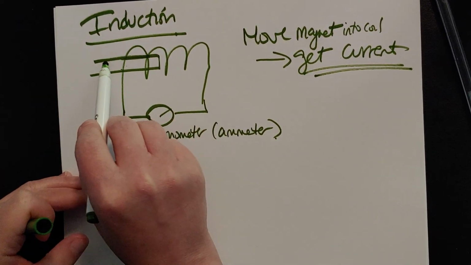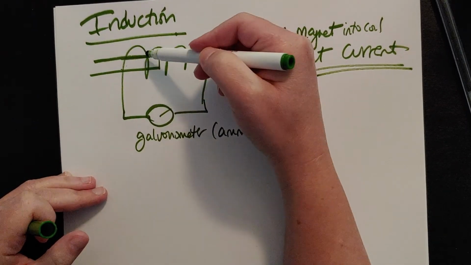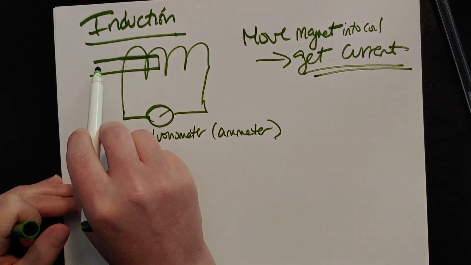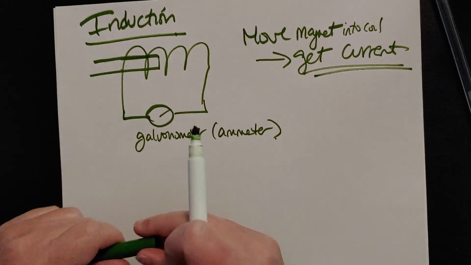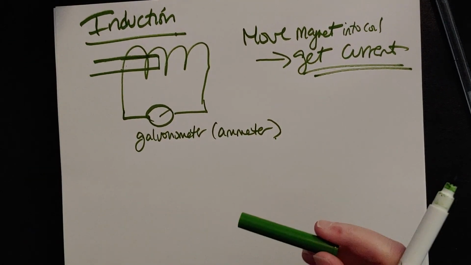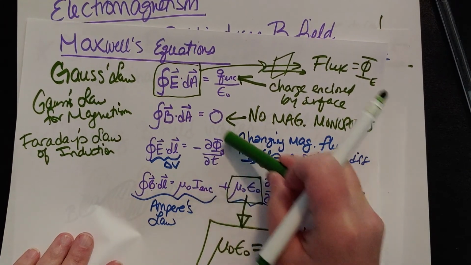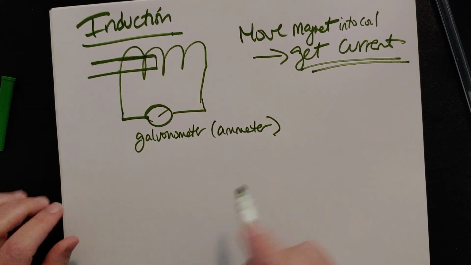So there is a magnetic flux, right, through these coils. And if you move the magnet in, then you will get more magnetic flux, okay? More magnetic flux. So if the flux changes, you get a potential difference, okay?